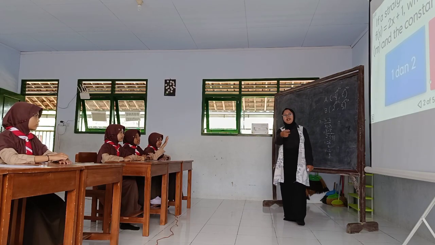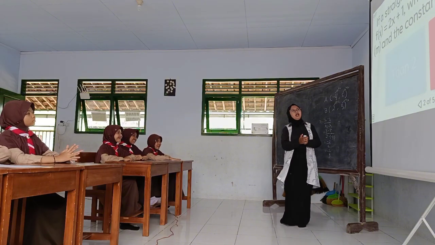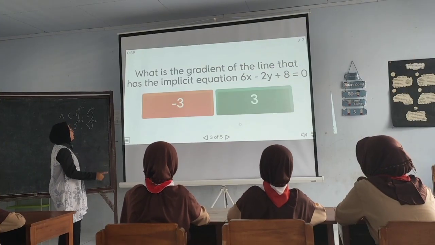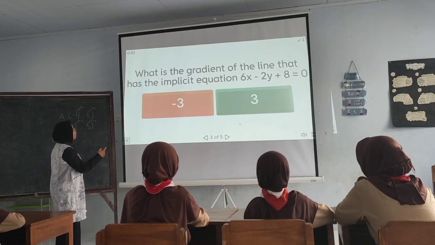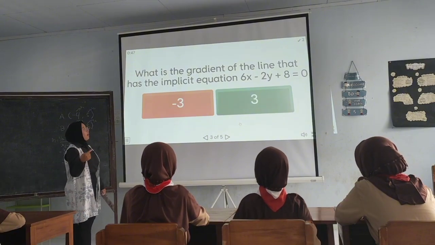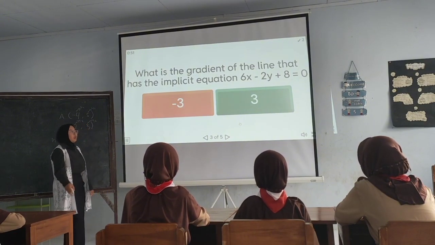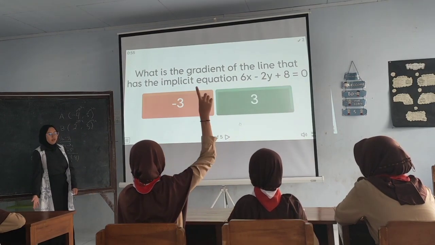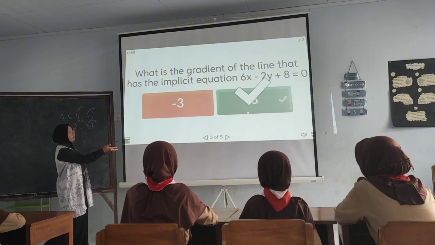Okay, red. Correct. What is the gradient of the line that has the implicit equation 6x - 2y + 8 = 0? 3. Okay. Yes, correct.